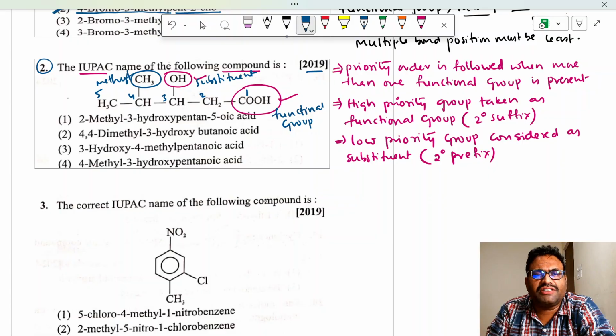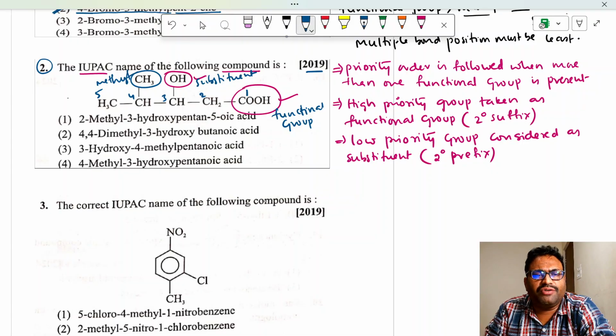When more than one substituent is present, we need to follow alphabetical order in writing those substituents in the IUPAC name. One is hydroxy, another is methyl. Which comes first in the alphabetical order? H comes first. So hydroxy comes first.